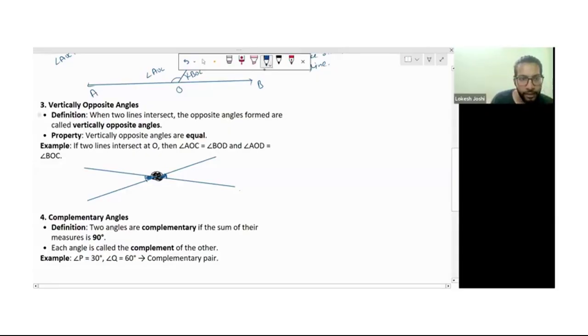So we can write, if these two lines intersect at O, this one is AB and this one is CD. We can say angle AOD, which is this blue one, and angle BOC are vertically opposite angles.